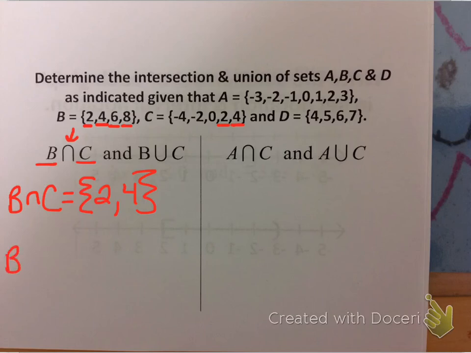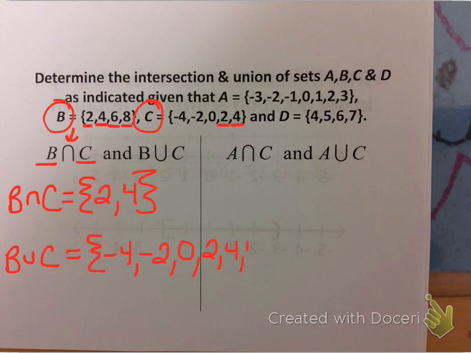Okay, but if I asked you for B or C, I want the list of numbers that show up in one set or in the other set. So if I look at these two lists together, B and C, and I'm compulsive, so I'm going to go in order from smallest to biggest. So the smallest number in either list is -4, then there's -2, then there's 0, then 2, 4, 6, 8.